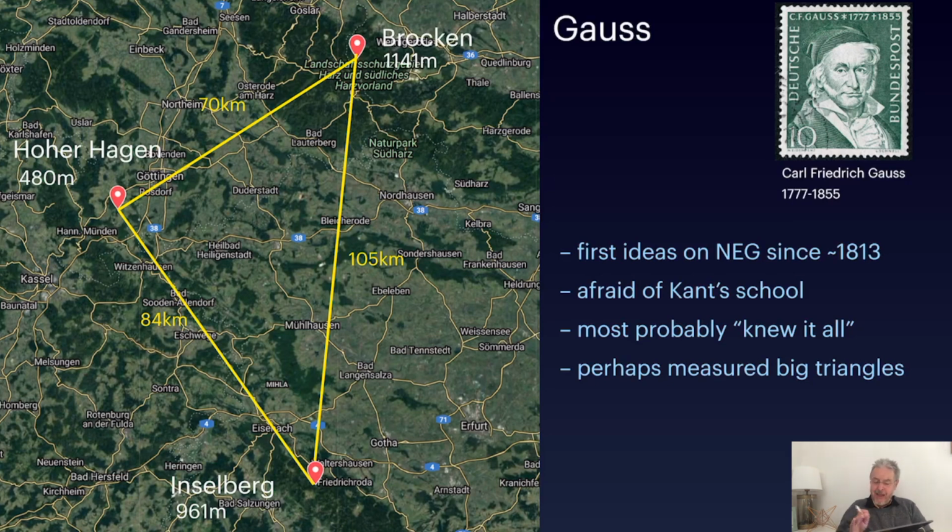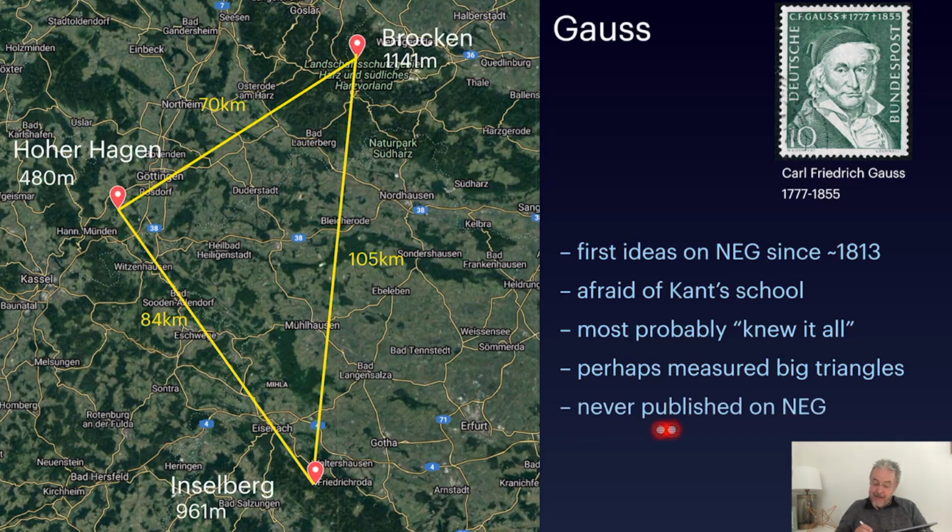I have to mention there's at least one paper that doubts that Gauss really did that, quoting several sources and digging into the history of it. But there's also another paper that doubts the doubts of this first paper. So I would say it's really undecided whether Gauss really did that or not, but at least it's a great urban legend somehow to say, well, Gauss went to these hills and measured these big triangles.